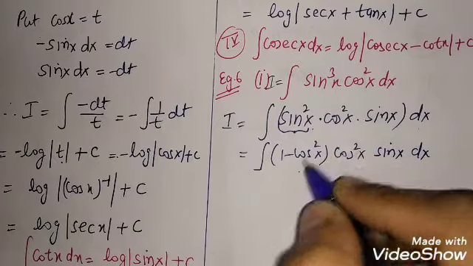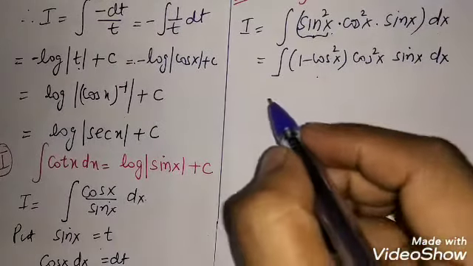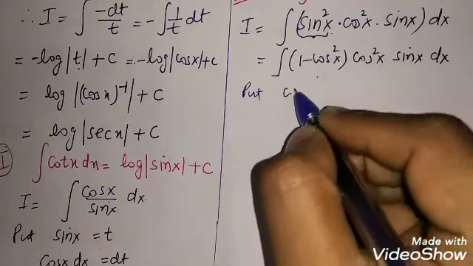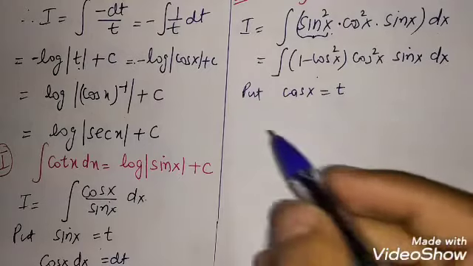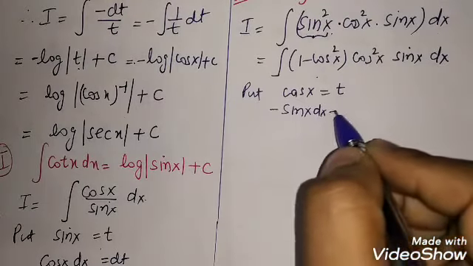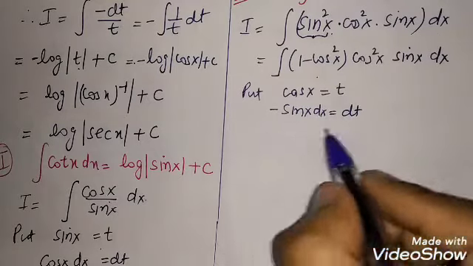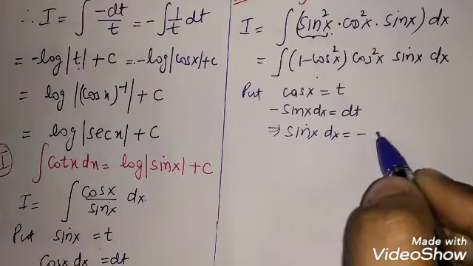Hope you are getting that particular point. Put cos x equal to t. The derivative is minus sine x dx equal to dt. Simply we can say this implies sine x dx is equal to minus dt.